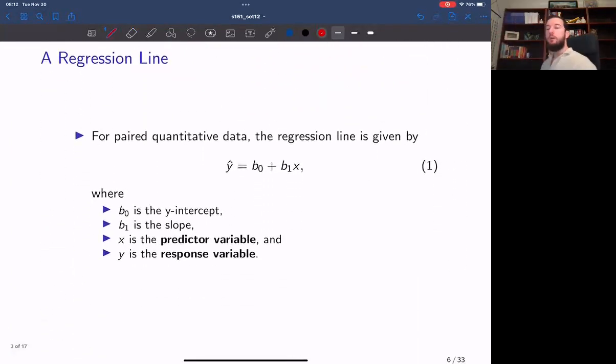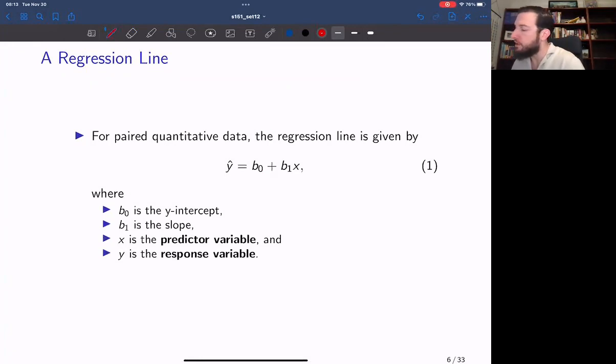All right, so assuming that we've built the scatter plot, we've looked at the relationship and we can say, yeah, these appear to be linear, or it seems like a linear relationship could be useful in describing the trend between the two variables. The next thing to do is build the regression line. So the regression line has the form given in equation 1.